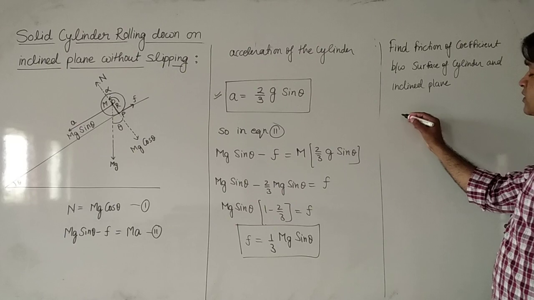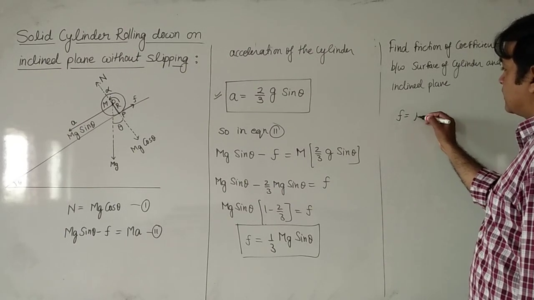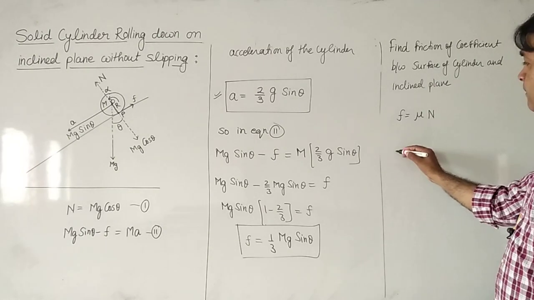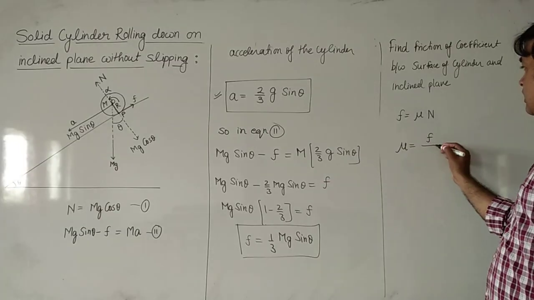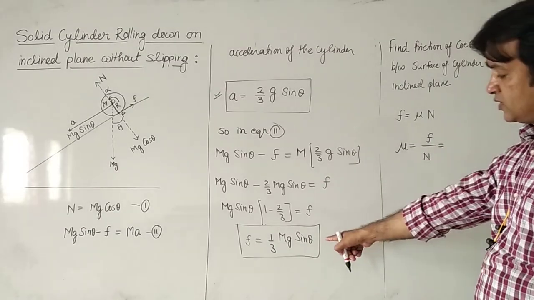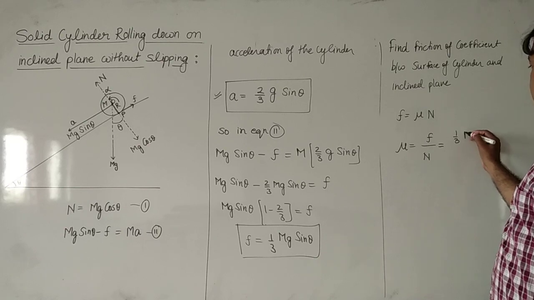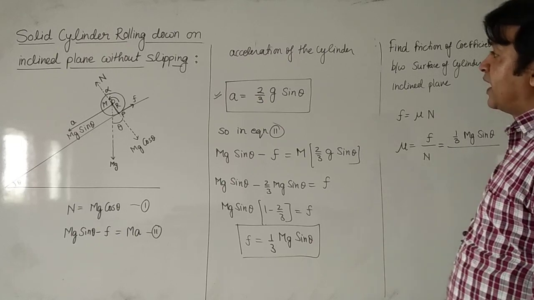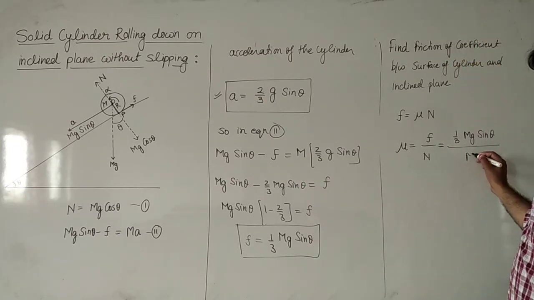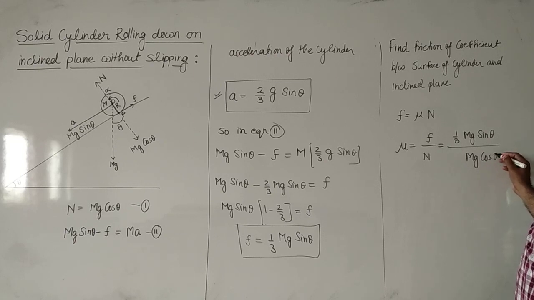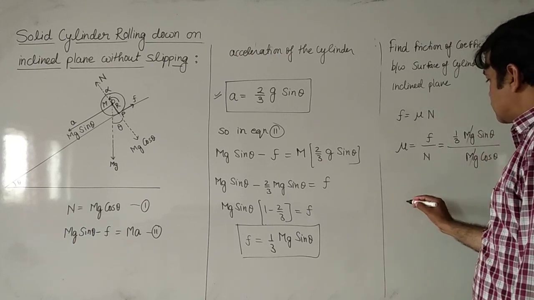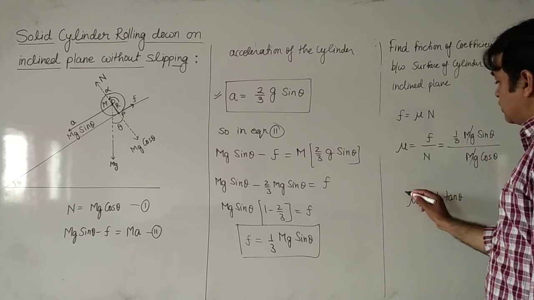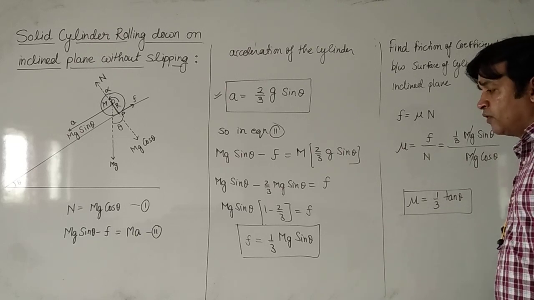So now friction force F equals friction coefficient mu into normal reaction force. So mu equals F upon N. F is given by 1 by 3 mg sin theta and normal force N equals mg cos theta. So mg cancels out. So mu equals 1 by 3 tan theta is the coefficient of friction. So please note down for numerical purposes.